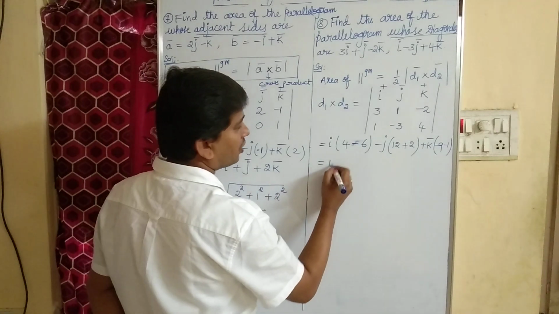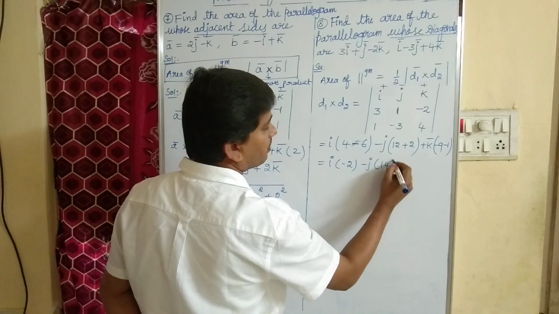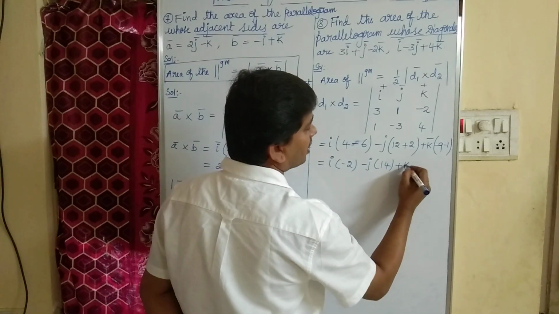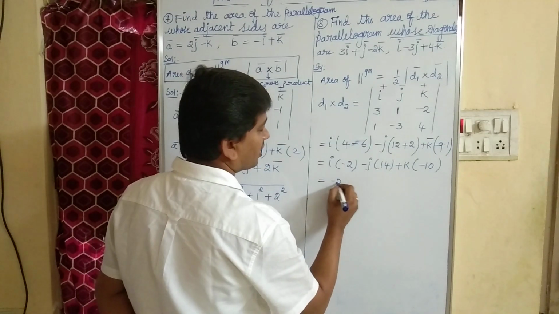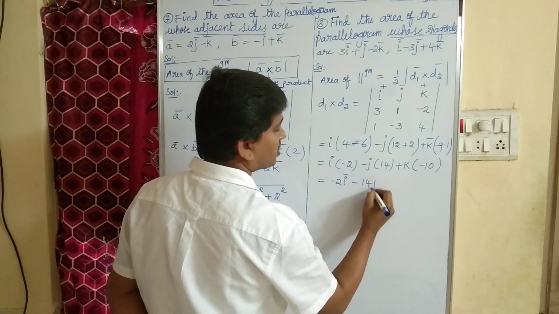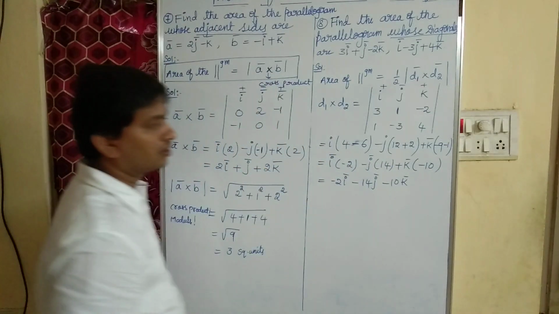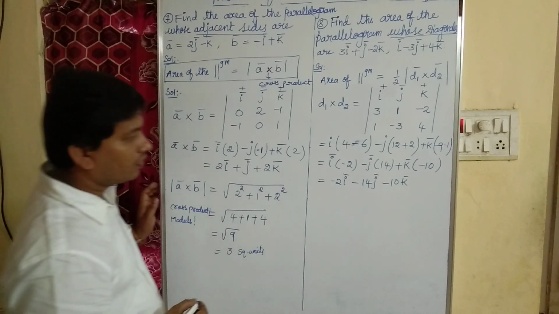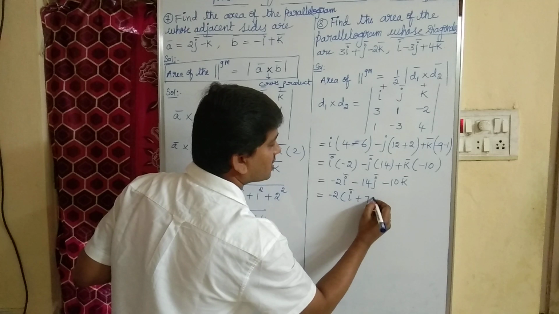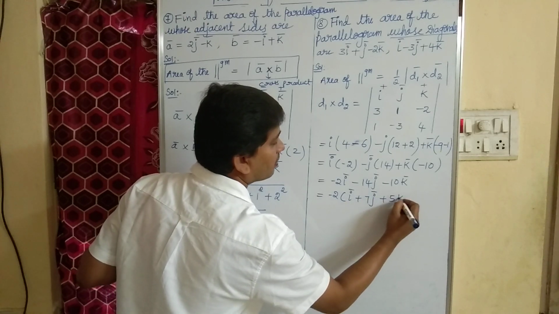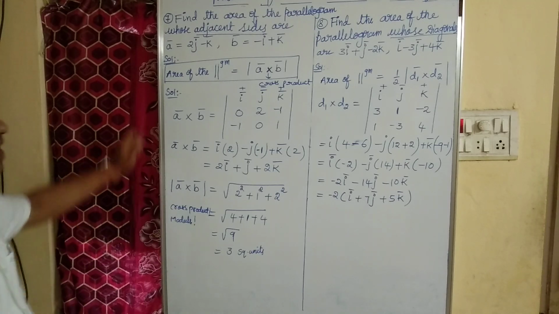So i into 4 minus 6, minus 2, minus j into 12 plus 2, 14, plus k into minus 9 minus 1, minus 10. That is minus 2i bar, minus 14j bar, minus 10k bar. Now let us take minus 2 as common: i bar plus 7j bar plus 5k bar.